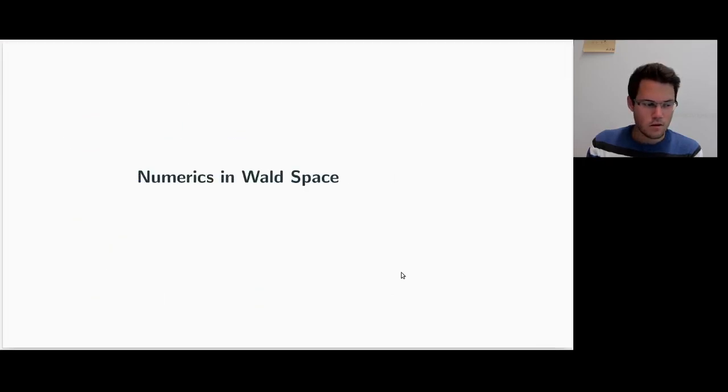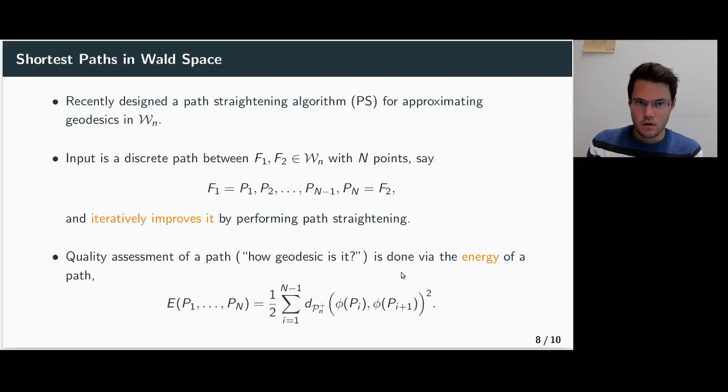Right. Finally, let's do some numerics in Wald space. We recently designed a path straightening algorithm for approximating geodesics in Wald space. I mean, we want to compute the distance of our newly obtained metric space, and for that we need to compute shortest paths between 2 points. Now, this path straightening algorithm takes as an input a discrete path.